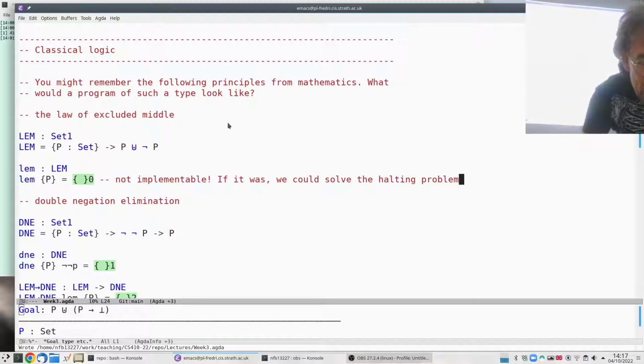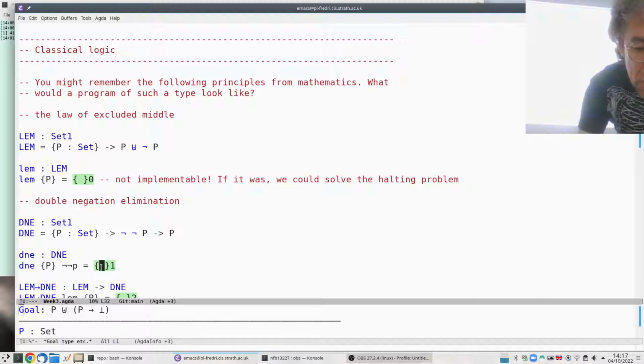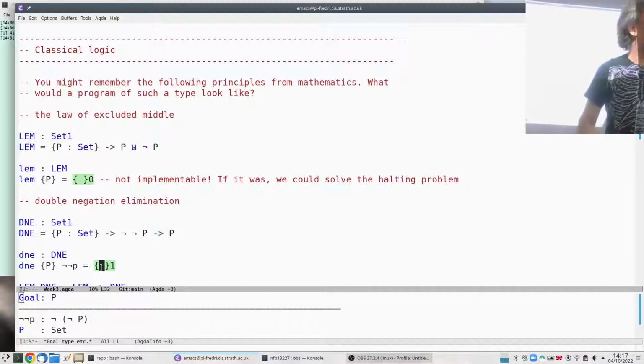Right. Okay, so let's see what happens when we try. Again, Control C, Control comma. Oh, I hit the Control key for once. Right. Okay. Actually, that's what we really have.